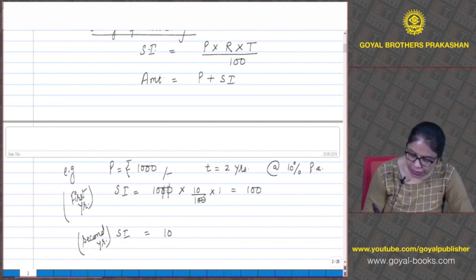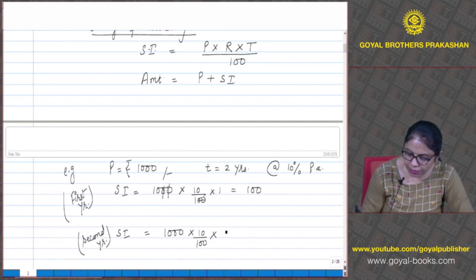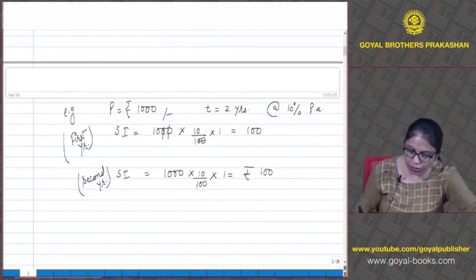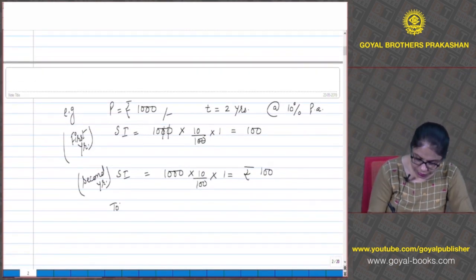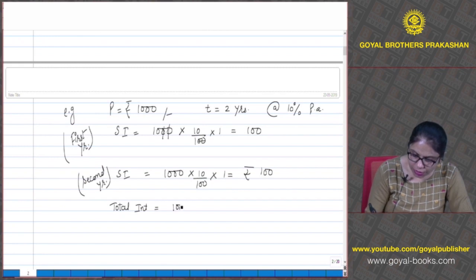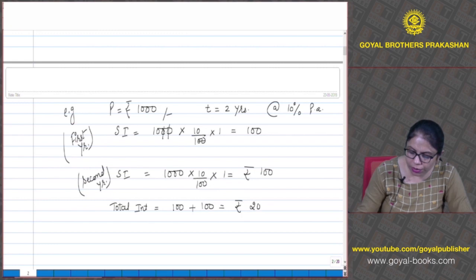Simple interest for the second year is what? Same as the first year, that means rupees 100. Okay, so your total interest is how much? 100 plus 100, that means 200.